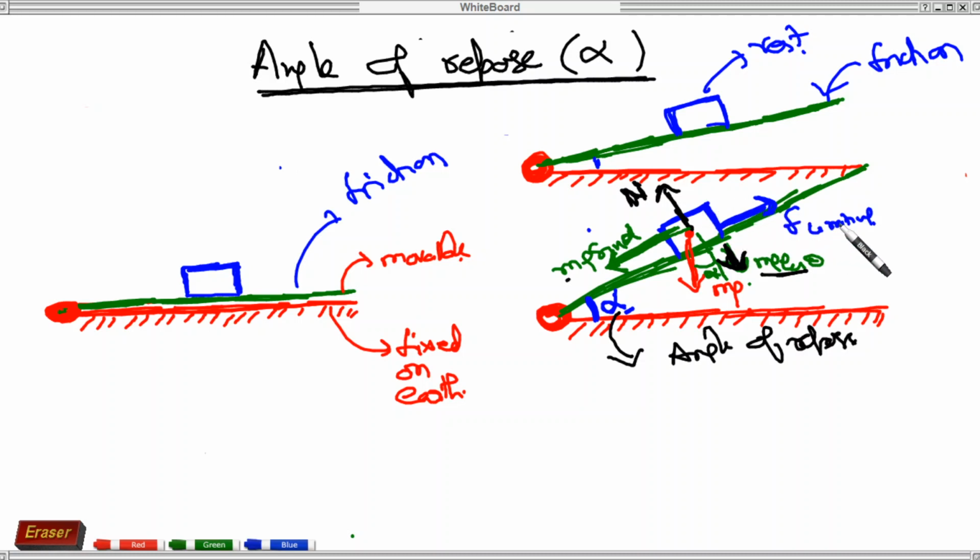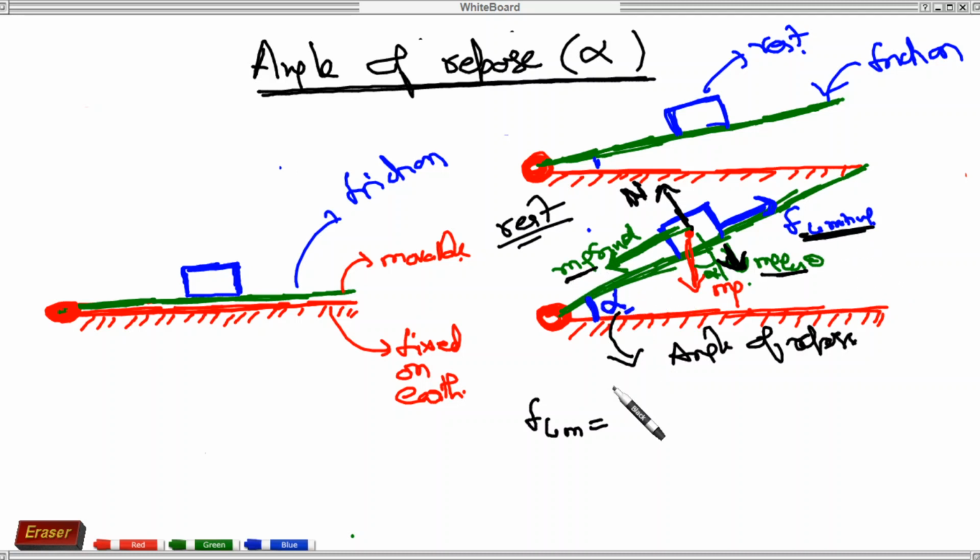But if I increase alpha a bit more, it will start sliding. So let's balance the forces.